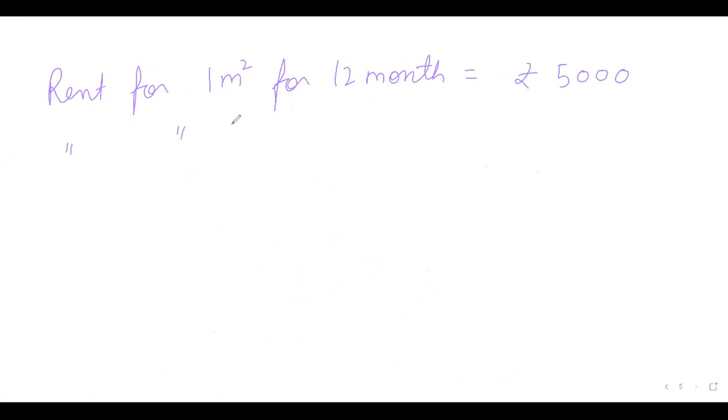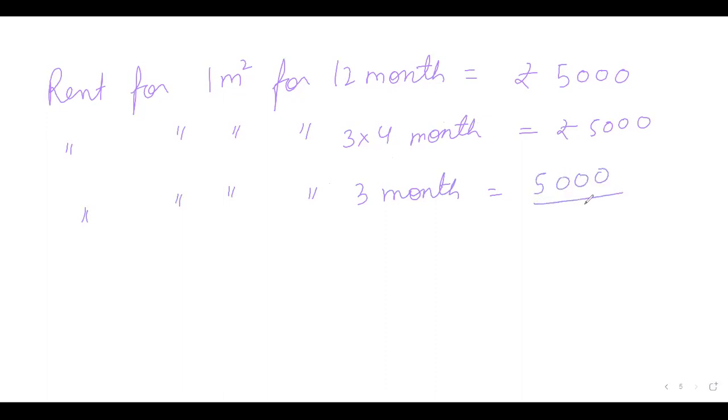If I write 12 as 3 into 4 months, it is rupees 5,000. I have just manipulated it. 12 means 3 into 4, so that I can know the rent for 1 meter square for 3 months. So 4 will go to the other side, then it will be in division.